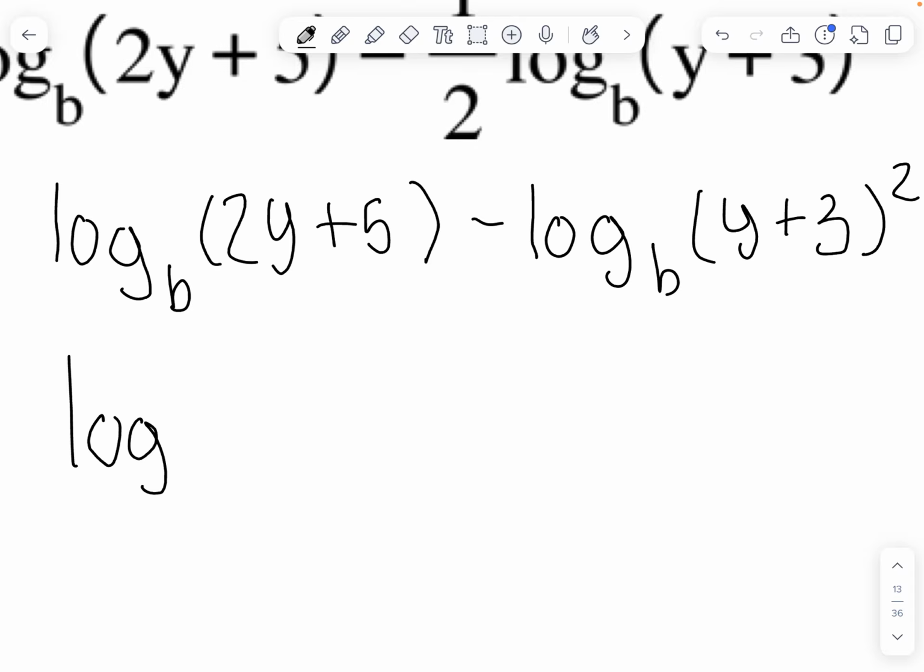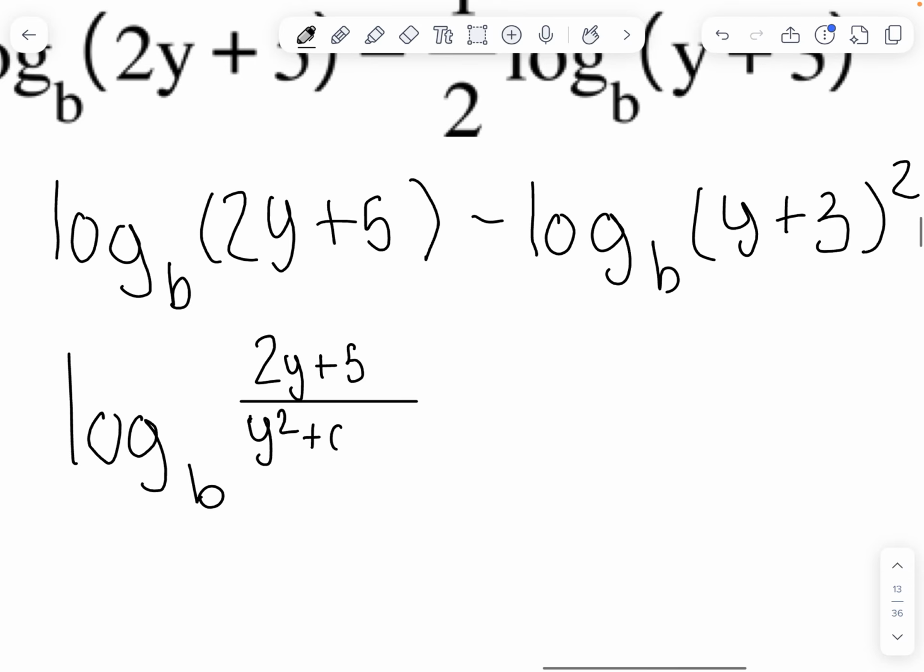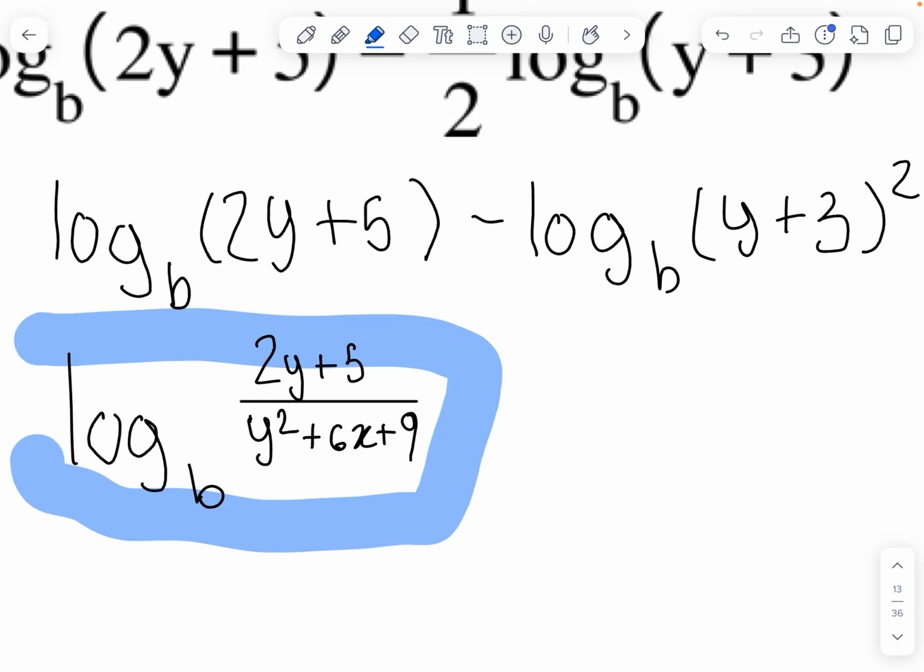So log base b of y squared plus 6y plus 9. And this is our final answer.